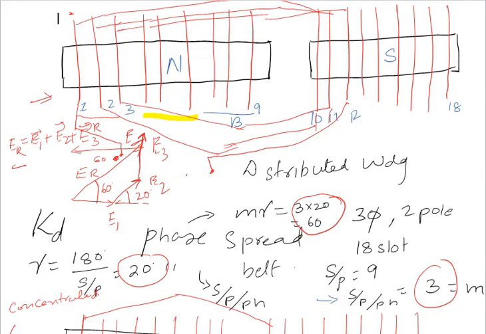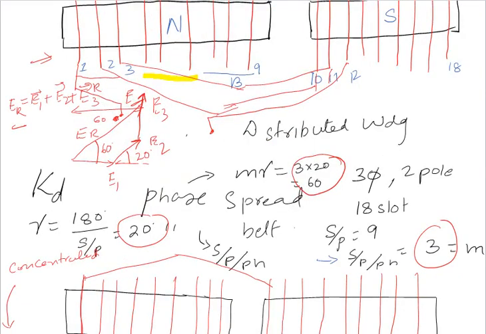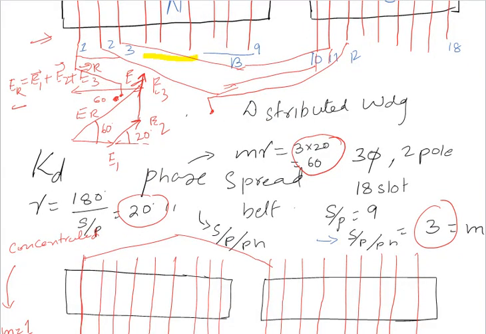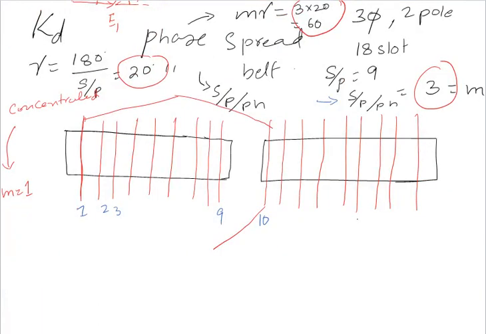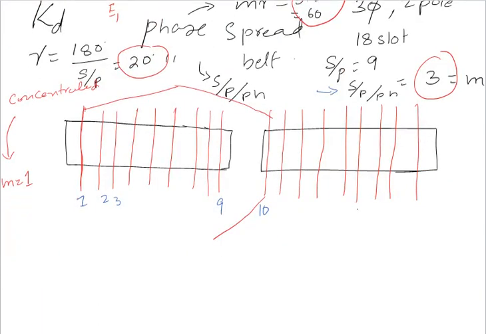First let me take out the output: this is the first turn output of the R phase. As my slots per pole per phase is 1, I won't go into 2; I go directly to 1.